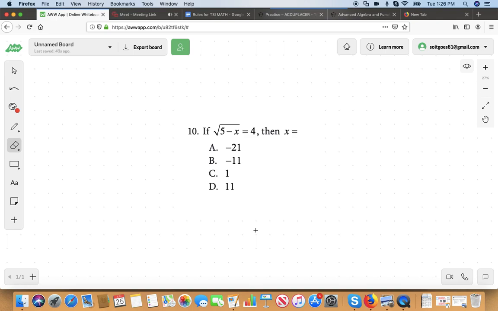Okay, so 5 minus negative 21 is 5 plus 21. Now be careful. I'm going to stop for just a second.